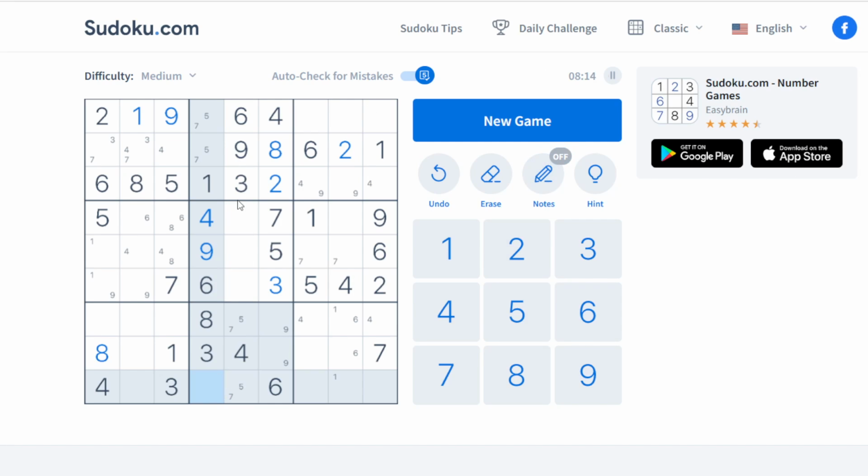So let's see. 1, I can't find the 2, therefore that is guaranteed to be the 2. And with this information, we can make a note that the 2 must go here or here. Along with that, we can make a note that the 2 must go here or here.